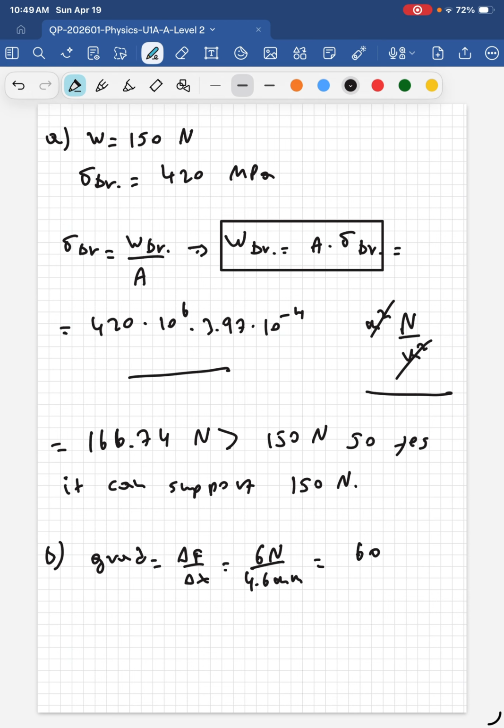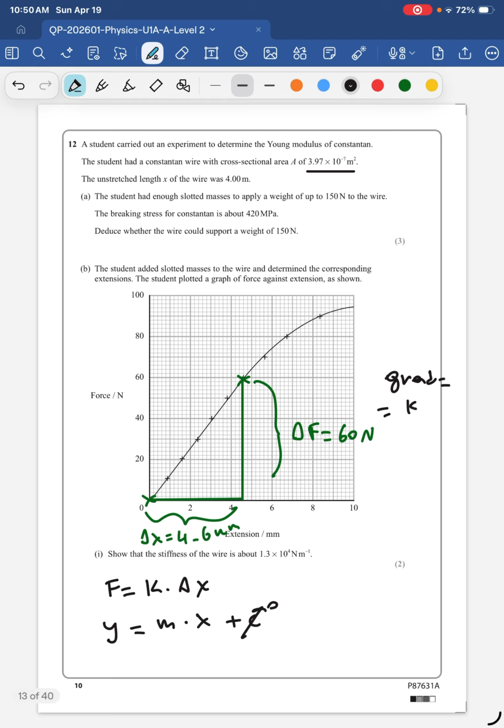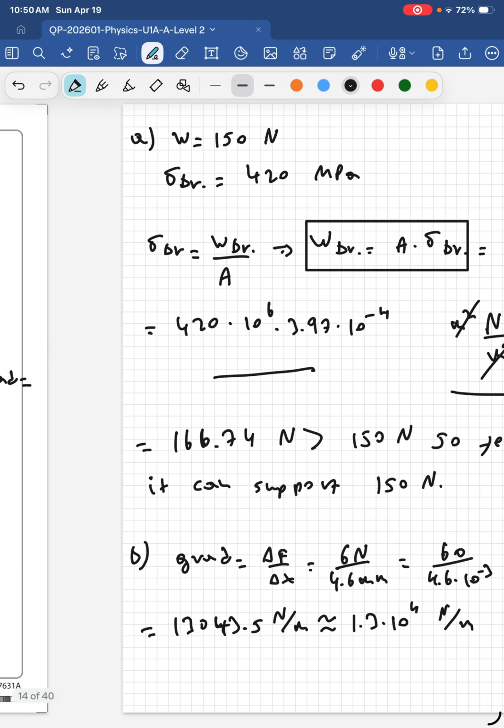So 60 over 4.6 times 10 to the negative 3 newtons per meter. So this is equal to 13,043.5 newtons per meter, which is about 1.3 times 10 to the 4 newtons per meter. And this was K. This was part 1. We found the stiffness.